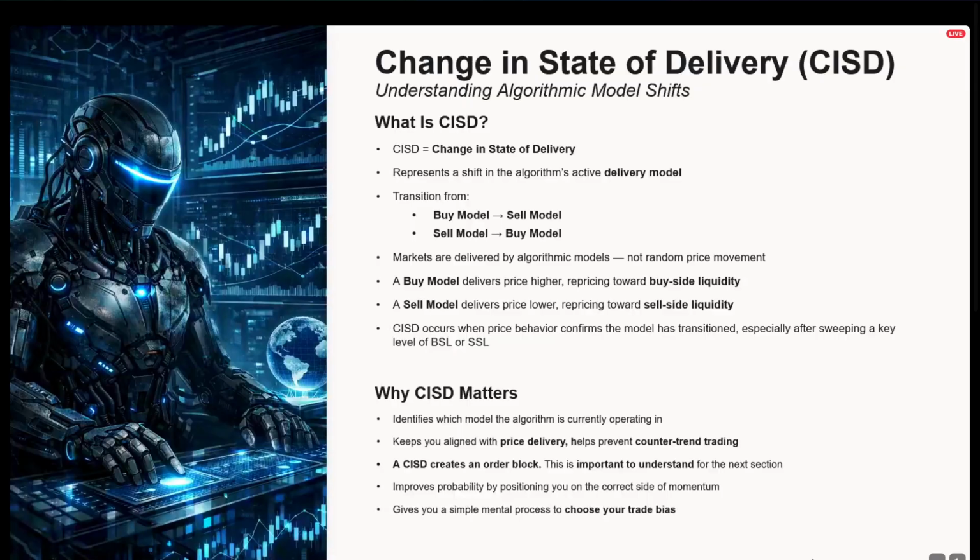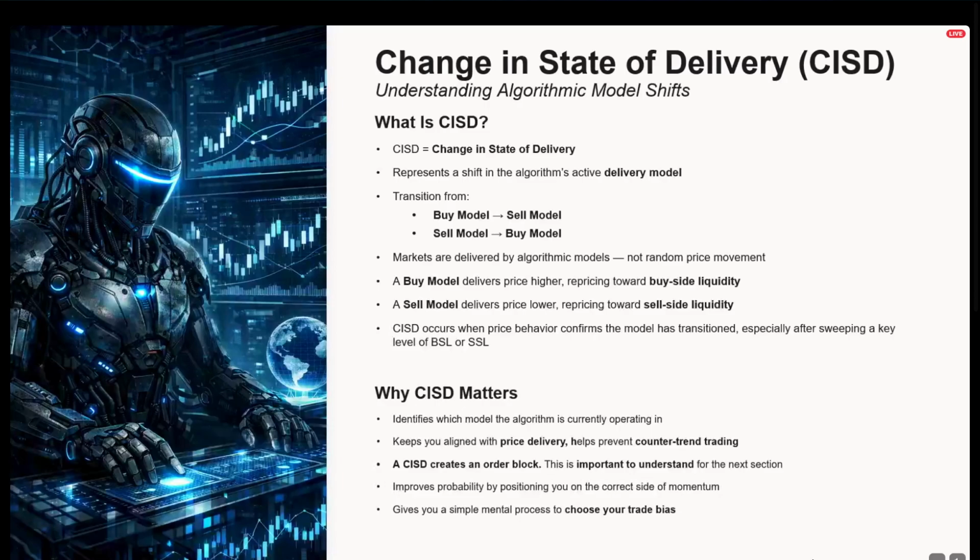So if you're short over a swing high or a series of relative equal highs, bears have their stops located where they would buy their position back at a loss, hence buy side liquidity. So a buy model seeks buy side liquidity, a sell model seeks sell side liquidity.